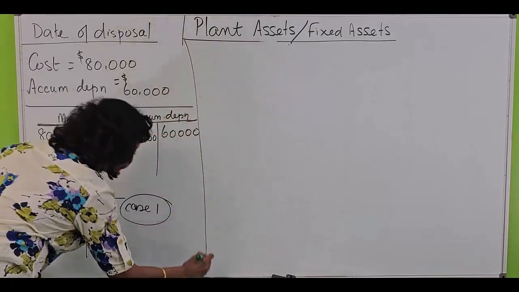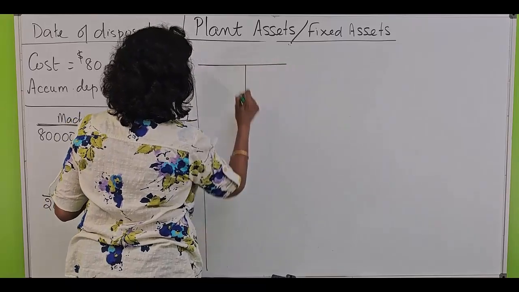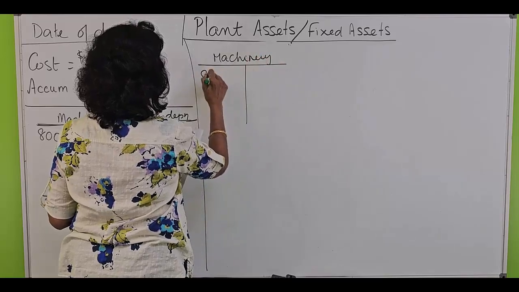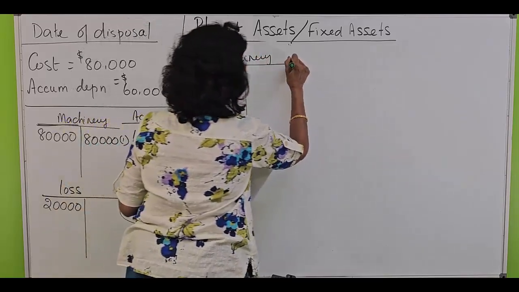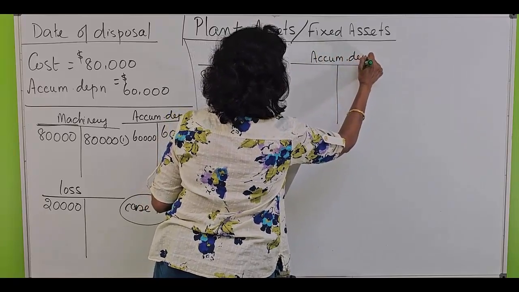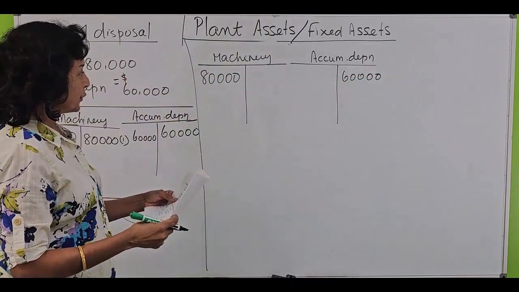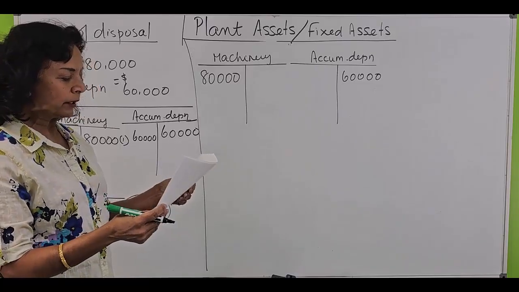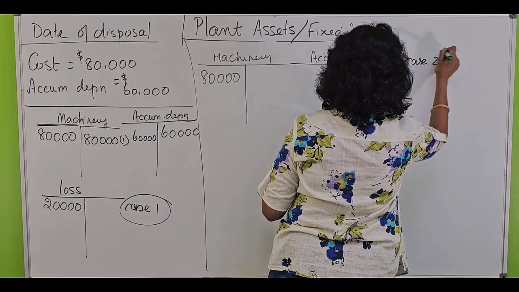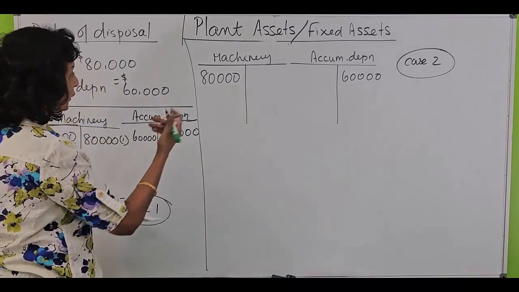Now we go to case 2. In case 2, again, machinery will have a debit balance of $80,000 and accumulated depreciation will have a credit balance of $60,000. So case 2 is the company sold it for a cash price of $30,000. So the company is getting $30,000 cash. So what do you do?